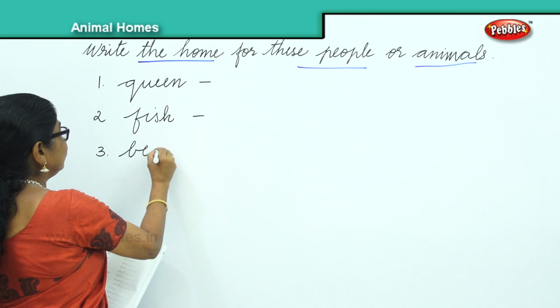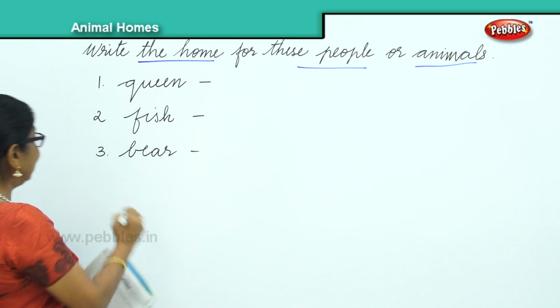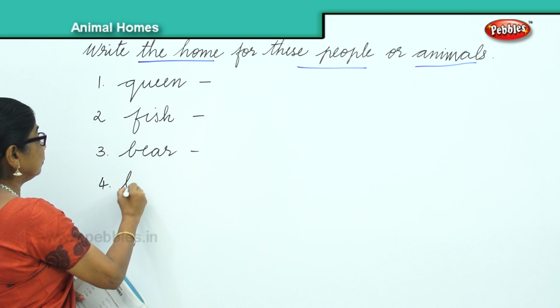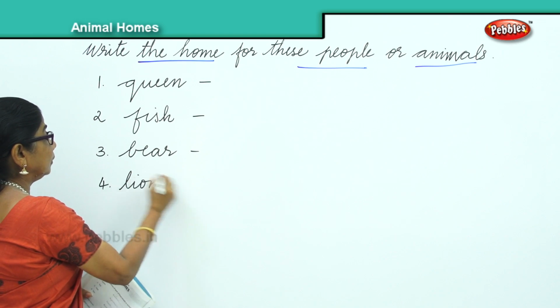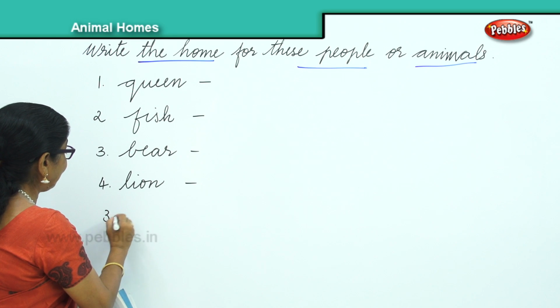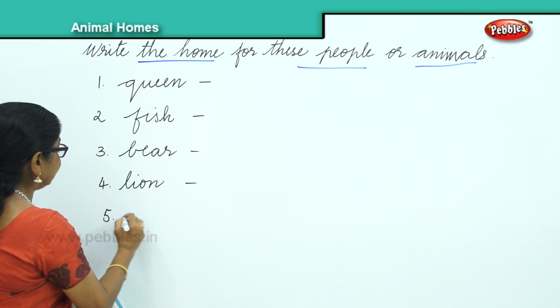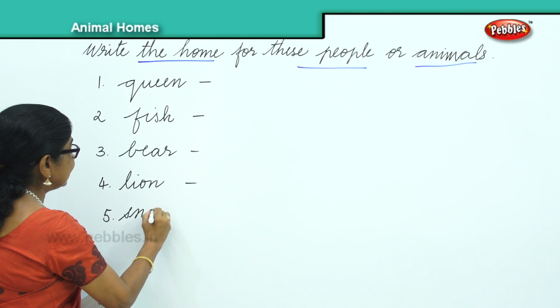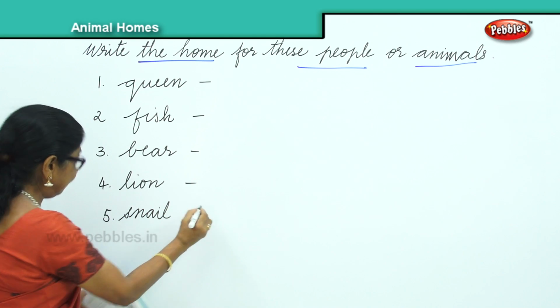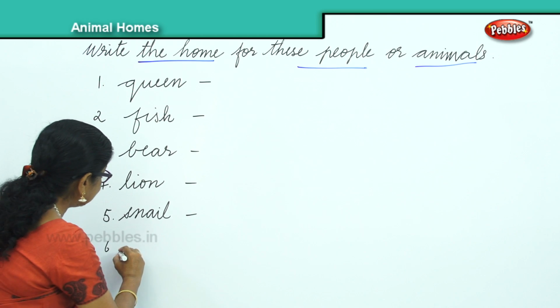Bear, think about, where did the bear live? You think about it. Lion, where does it live? Snail, find its home, okay? Then you have rabbit.